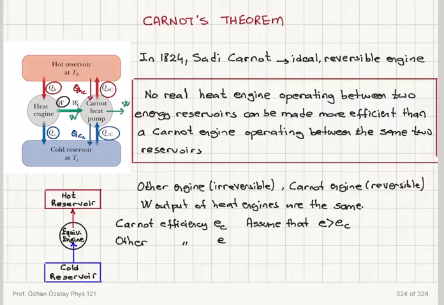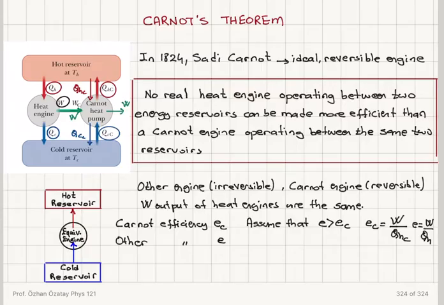As a heat engine, what is the efficiency of the Carnot engine? It's the useful output W divided by the energy I have to input to achieve this task, QHC, and the other engine efficiency is W divided by the heat it absorbs, QH.